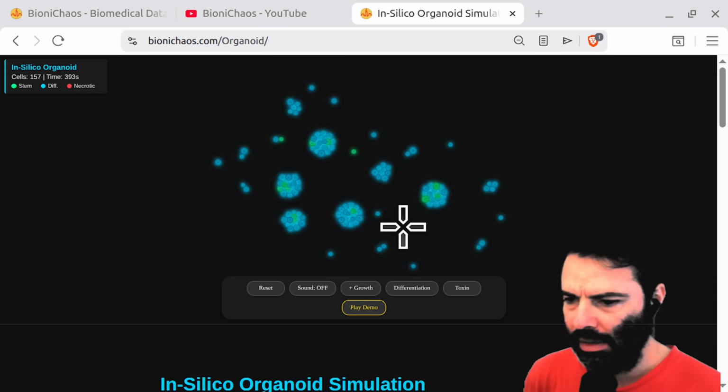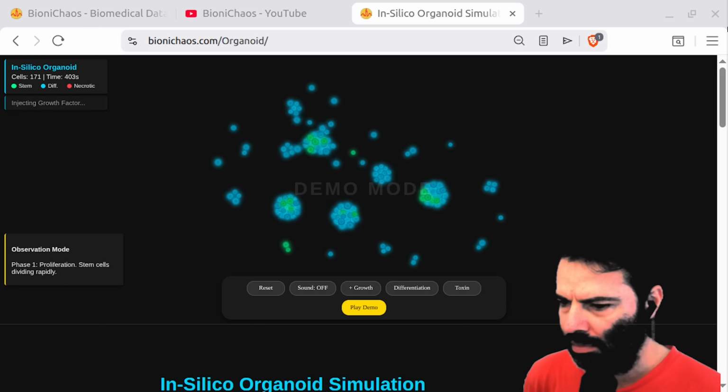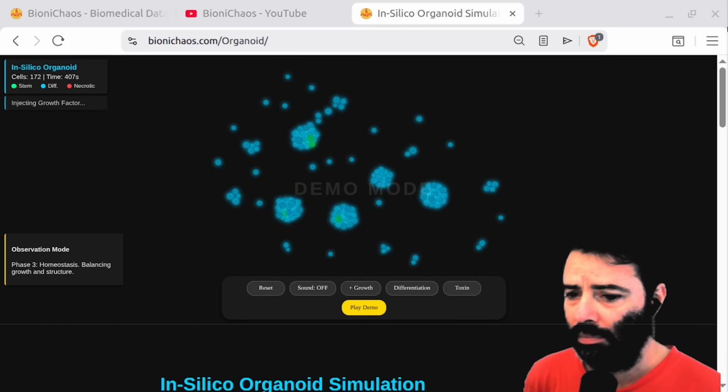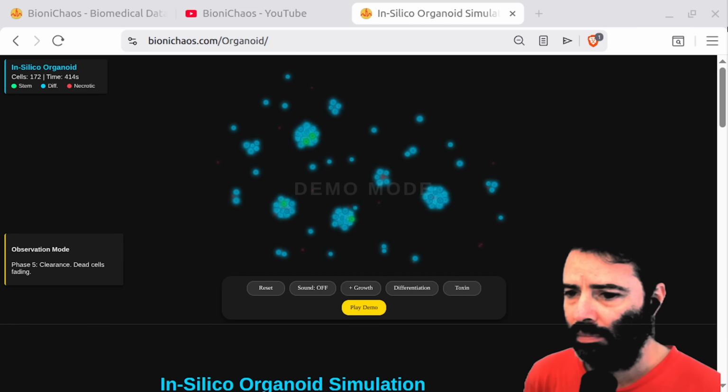And is that based on... The simulation seems to be based on biomedical data, given the website title and description of the tools. The specific mechanics likely involve principles of cell growth, differentiation, and toxicity, as suggested by the buttons.